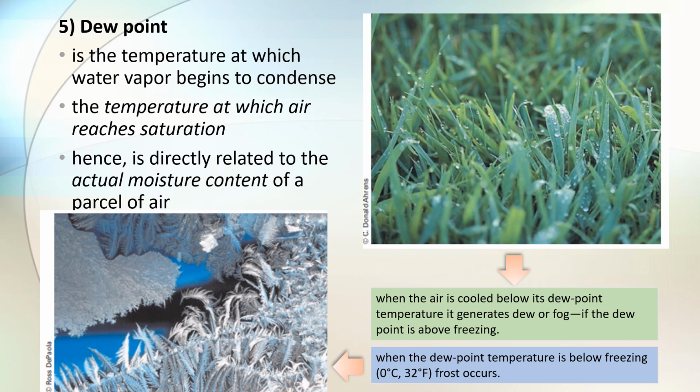You are familiar, I think, with the morning dew, and the frost when everything starts to freeze. When the dew point temperature is below freezing, or 32 degrees Fahrenheit, that's when frost occurs.